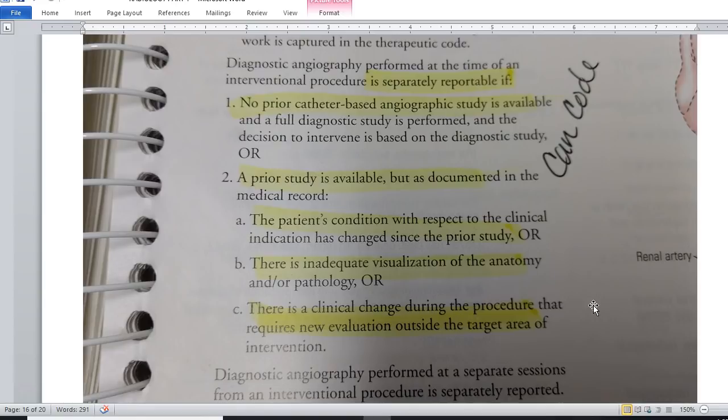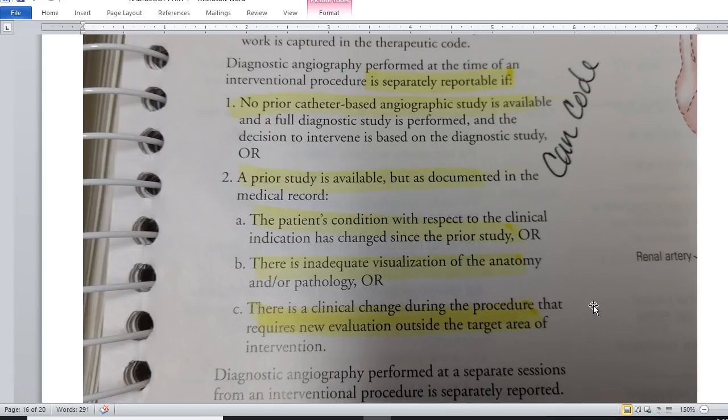or a prior study is available but documented in the medical record either as A, the patient's condition with respect to the clinical indication has changed since the prior study, or there is inadequate visualization of the anatomy and/or pathology, or there's a clinical change during the procedure that requires new evaluation outside the target area of intervention.